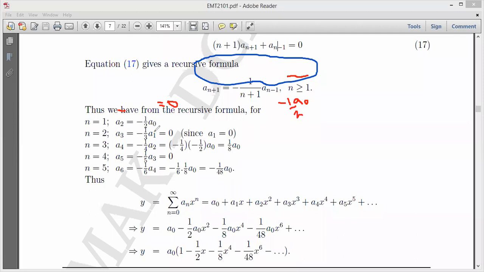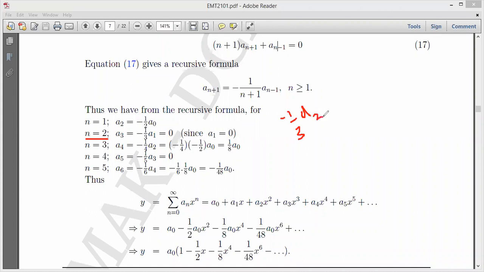Then we substitute n equal to 2. When you substitute n equal to 2, where there is n, you throw a 2, this will be minus a third. Then what is n? n is 2, this will be a2. But what is a2? Our a2 is minus a half, so this is minus a third.